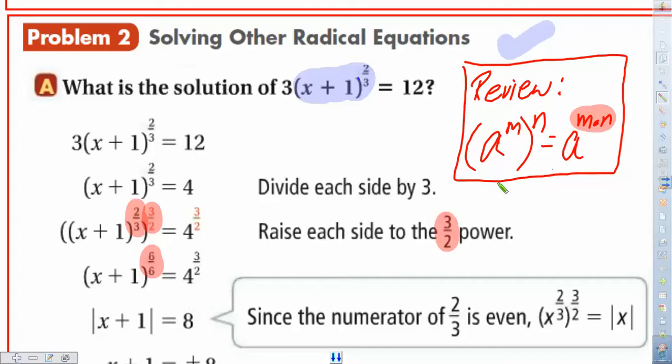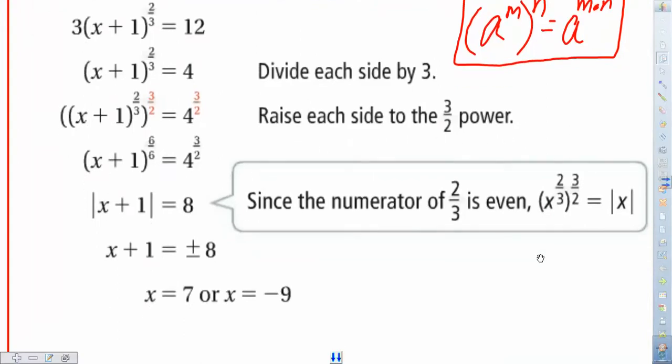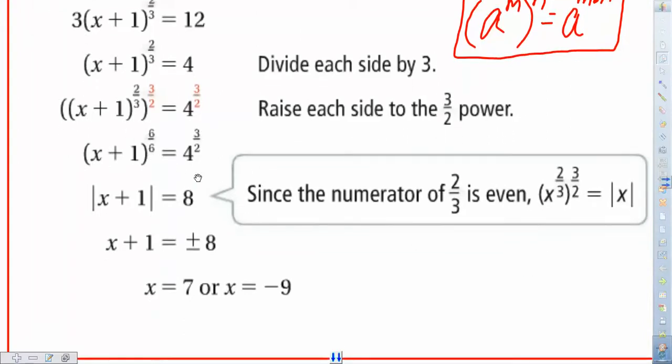Okay? And notice what I did to the other side: we're taking that 4 and raising it to the 3/2 power. Now this next part takes a little bit of explaining. Let me explain this in a different way, so we don't need to worry about absolute value bars here. Think of it from this perspective.